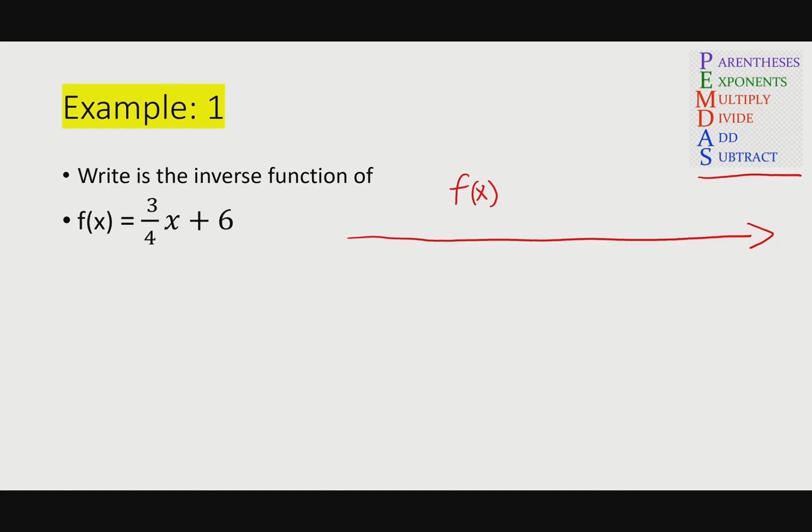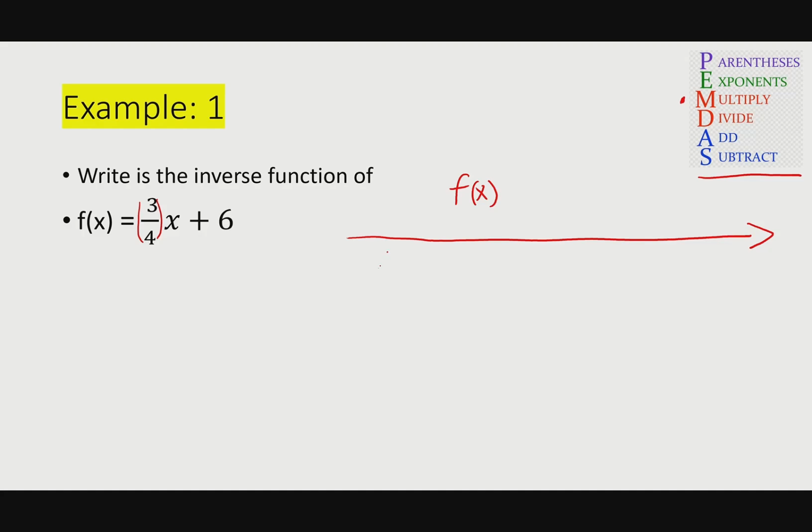So if we're looking at our function, we first have 3/4 times x. So 3/4 is some number, it's 0.75, but we have it written in fraction form here. So 3/4 is multiplying x, and then we're adding 6. So if we look at our order of operations, we first see that we have multiplication here.